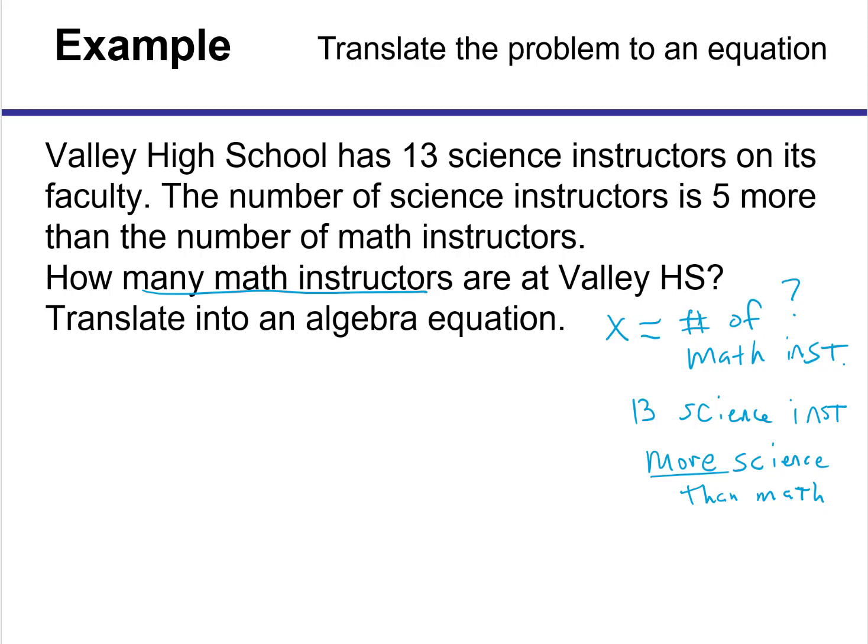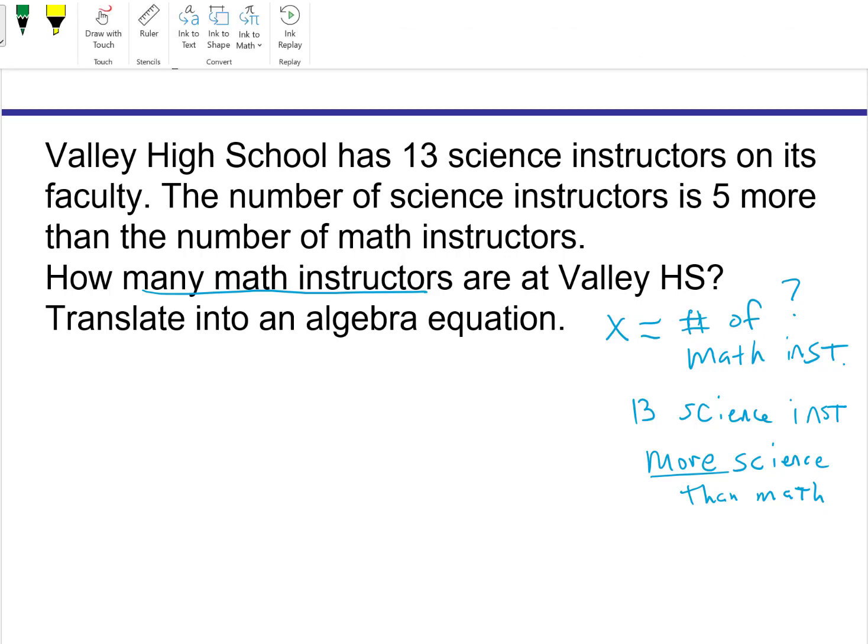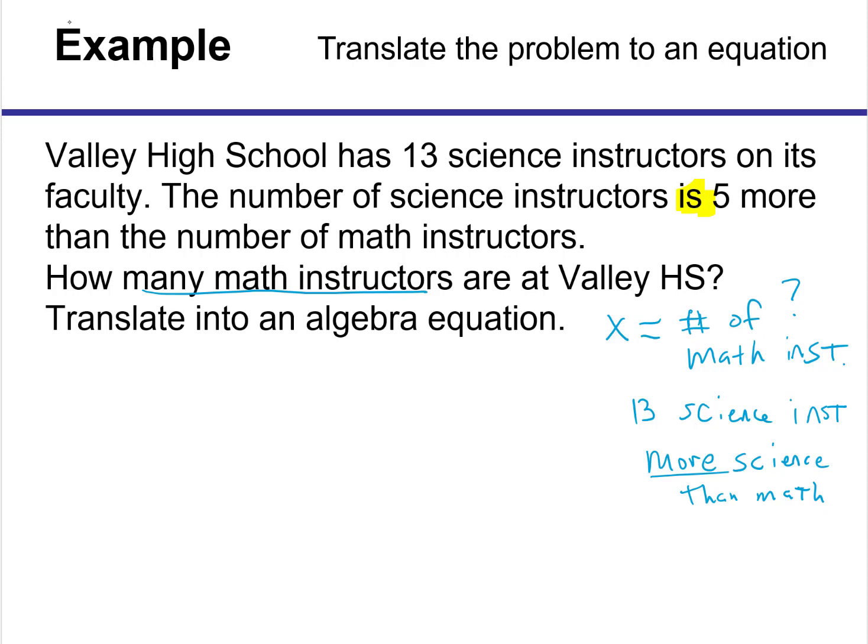Okay, so I also see a key word. I'm looking for equations, I'm trying to piece together things, but I see the number of science instructors is 5 more than the number of math instructors. Well, the "is" is giving me the suggestion of an equation.